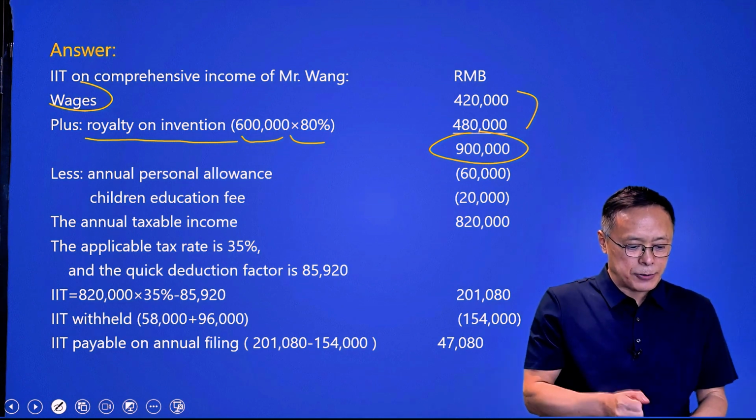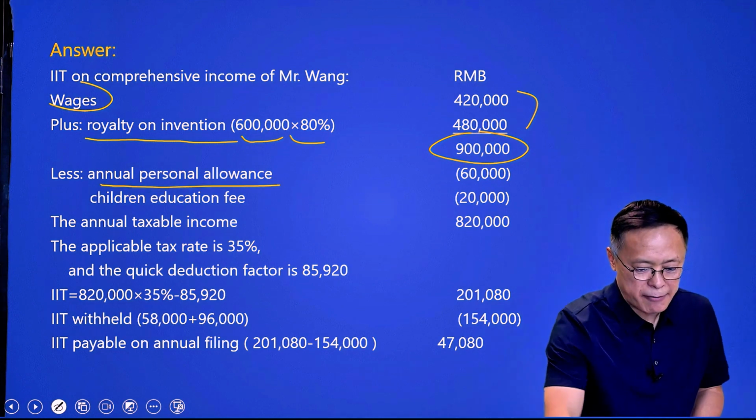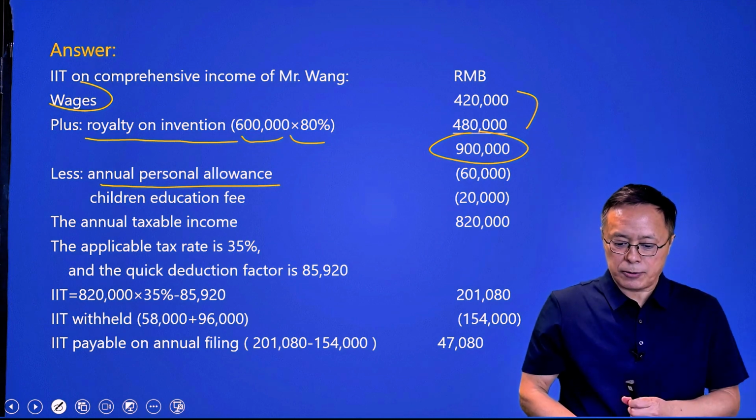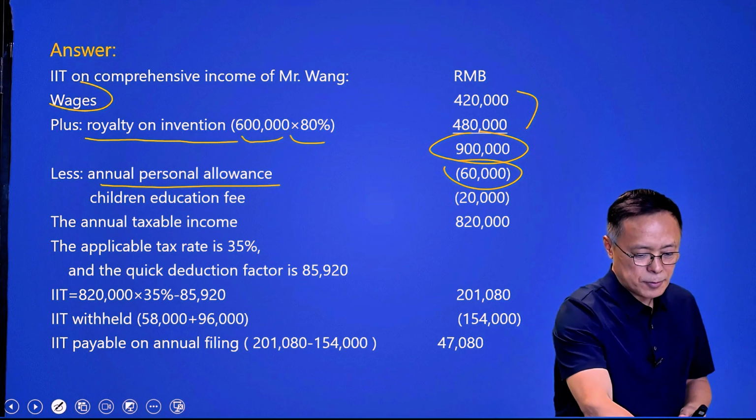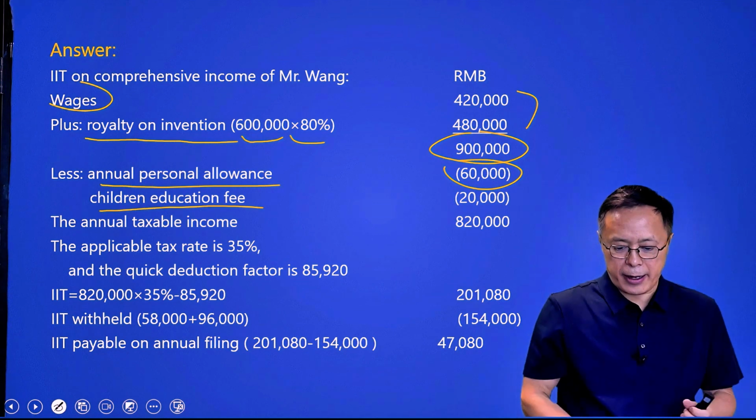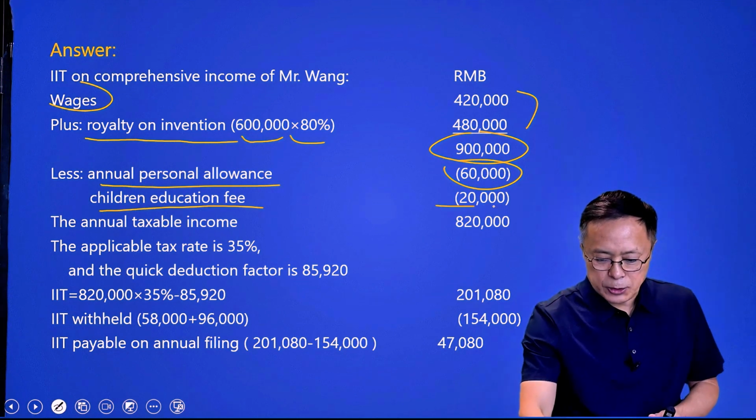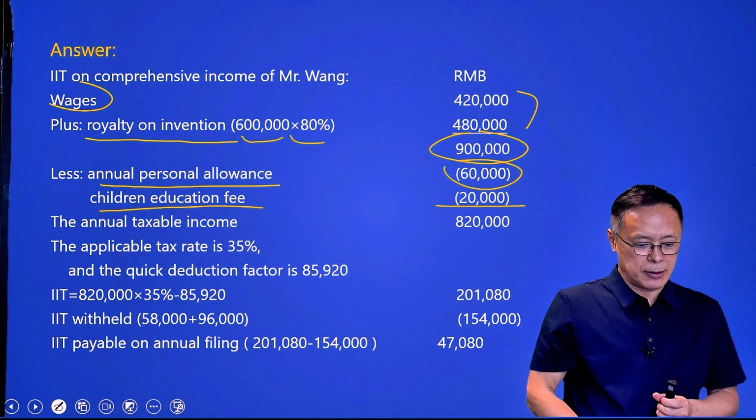The total income continues, less annual personal allowance, a fixed value of 60,000, less children education fee, here 20,000.